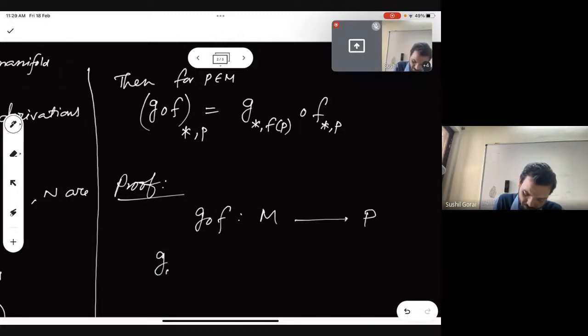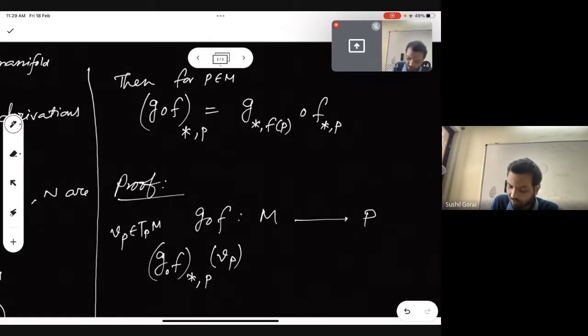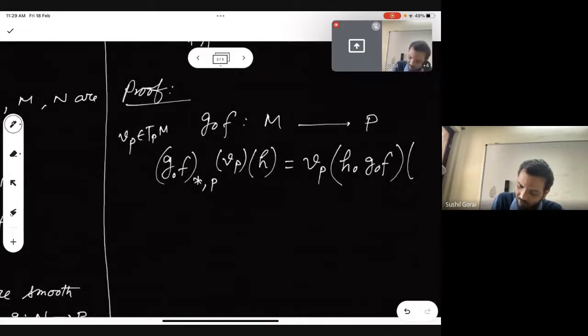So (G compose F) star at P acts on V_P, which is from T_P M. Now this should act on a function H. So this is V_P of H compose G compose F, right? By definition.